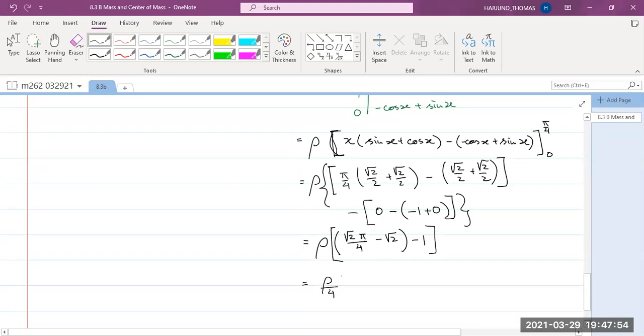So inside, I will have radical 2 pi minus 4 radical 2 minus 1, which is not really right. I don't think this is right.